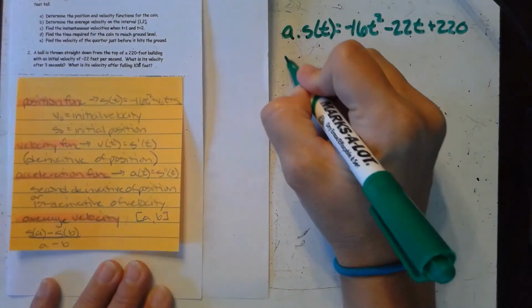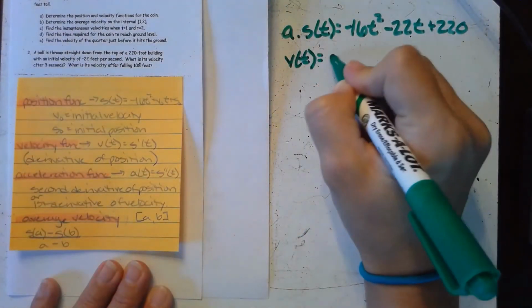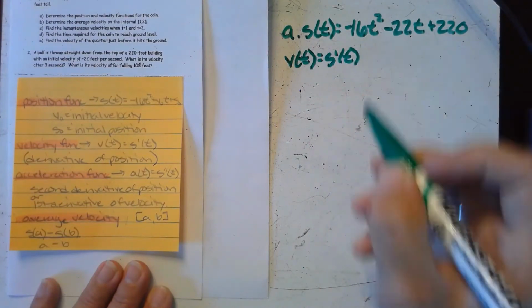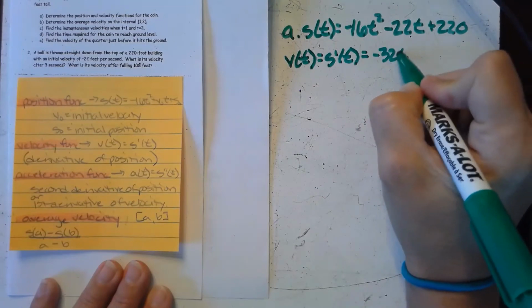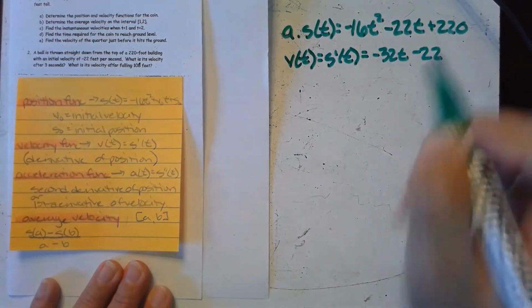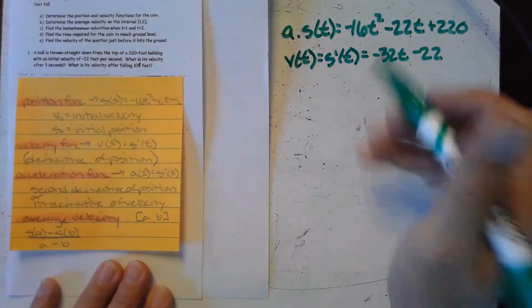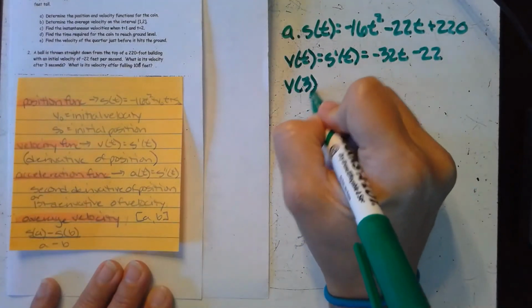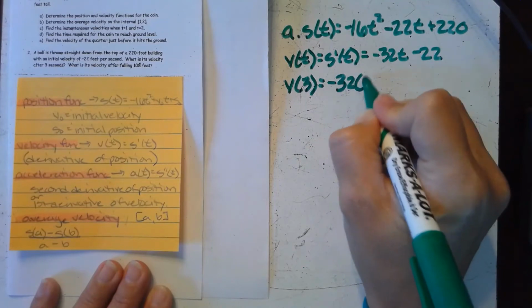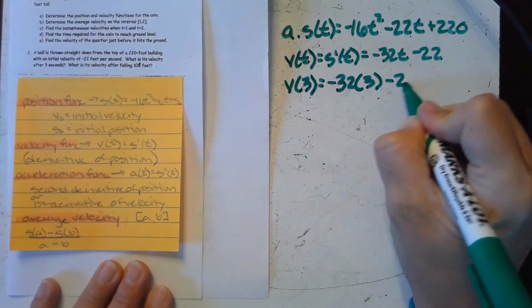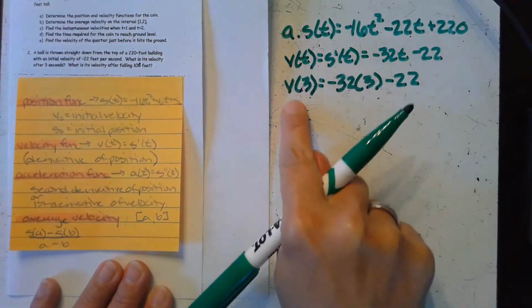Well, what is the velocity function? It's the derivative of the position. So let's go find that. That's negative 32t minus 22. And we want the velocity at 3 seconds. Always define where you get this from, and do the notation correctly.